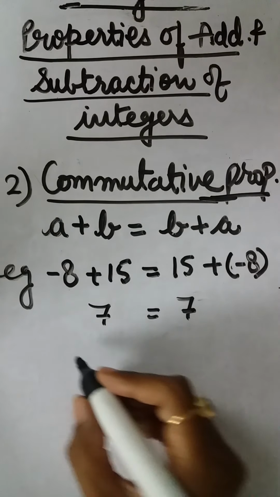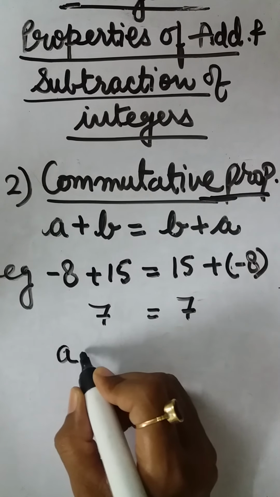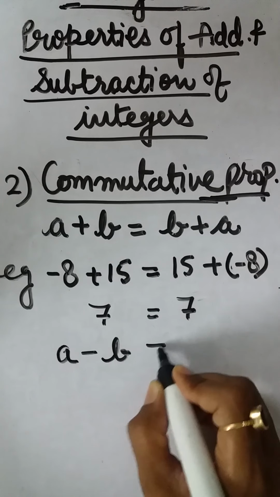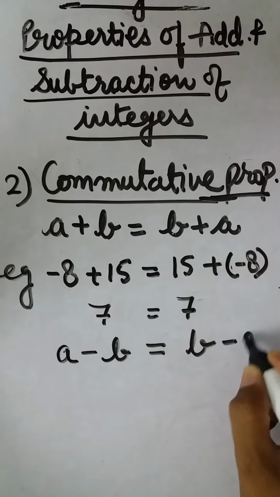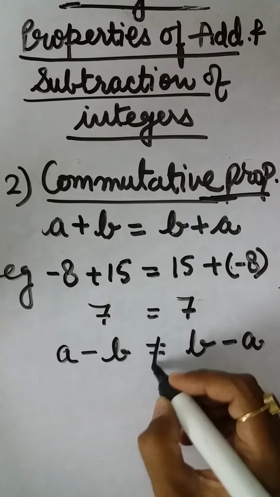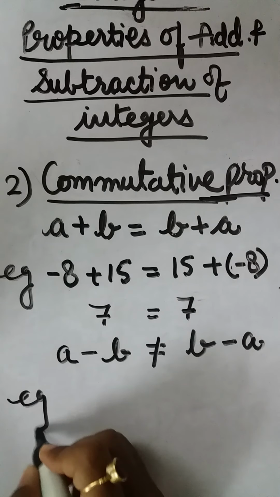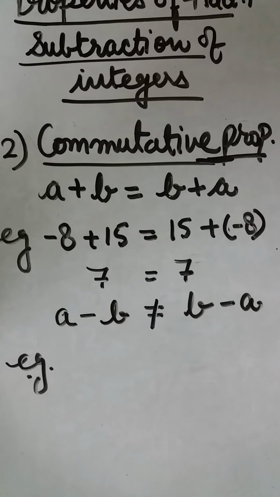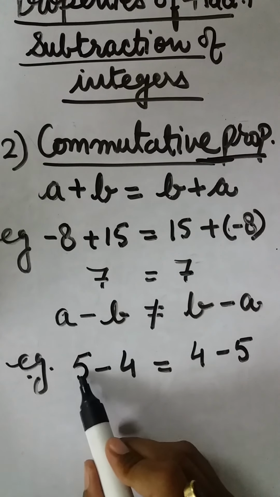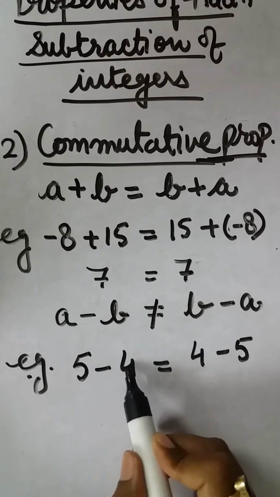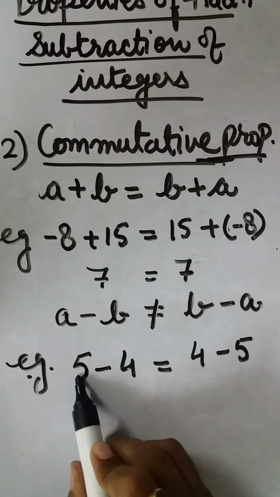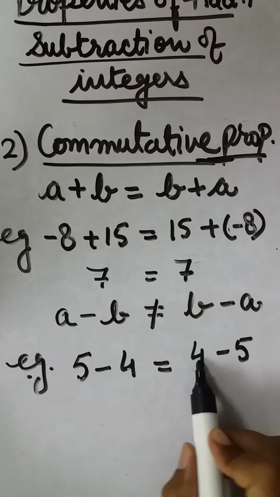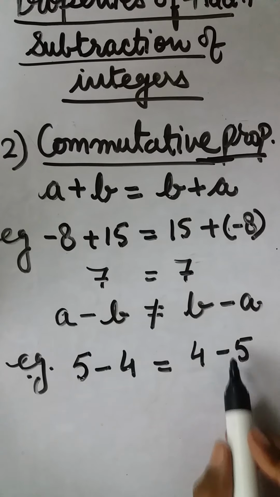Let's check it for subtraction. Whether a minus b is equal to b minus a. No. Let's solve it with an example. If we are subtracting 4 from 5 and 5 from 4, the result should be the same.